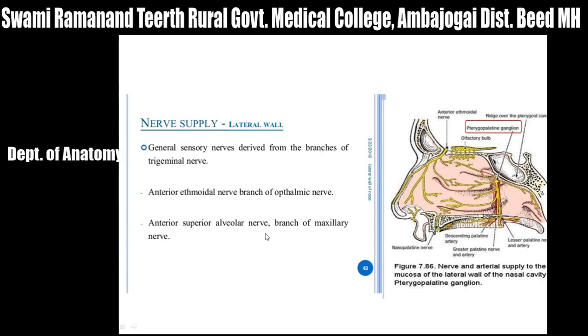Then the anterior superior alveolar nerve, which is a branch of the maxillary nerve, which is also a branch of the trigeminal nerve.